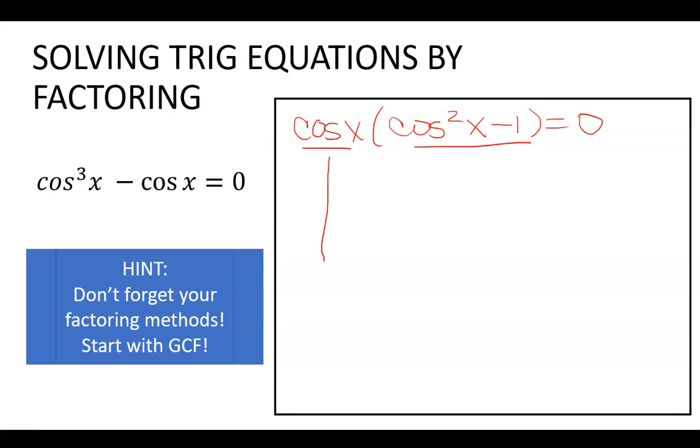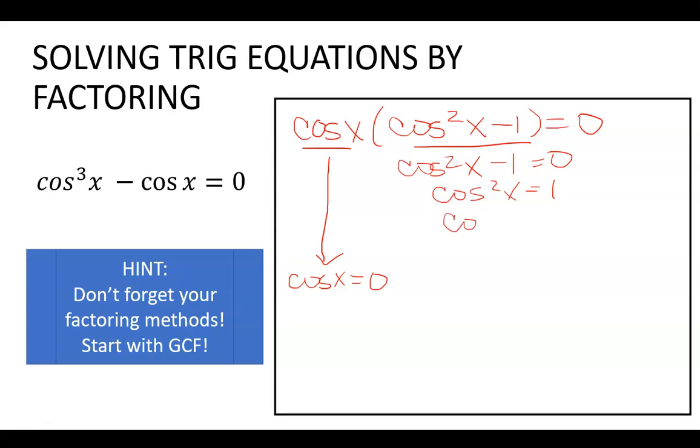I'm going to pull this one down because I don't really have to do much manipulating there. That one's already solved. Over here, minus 1 equals 0. If I add 1 to both sides, I get that's equal to 1.